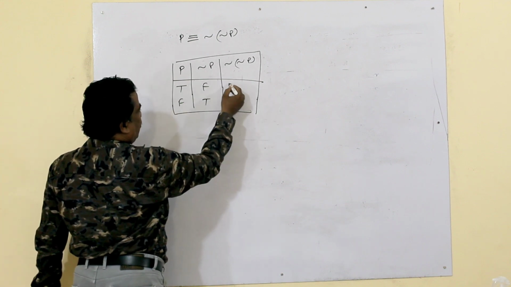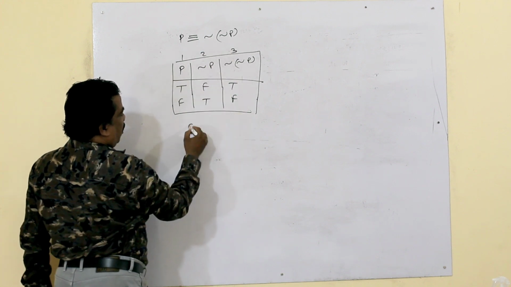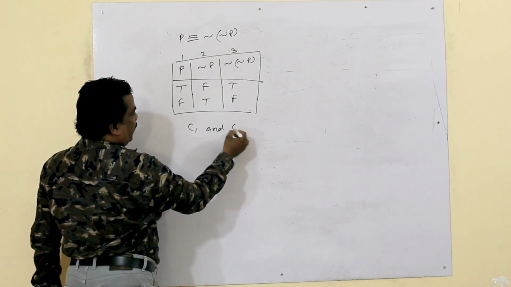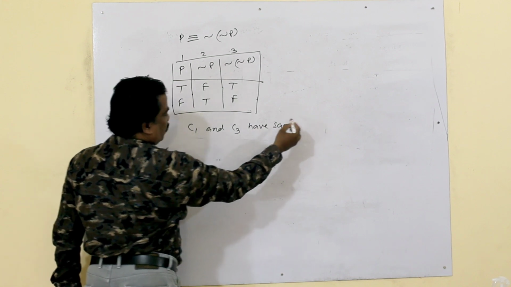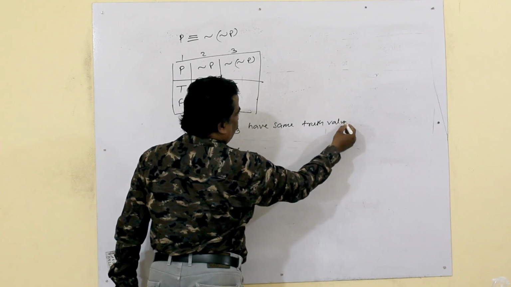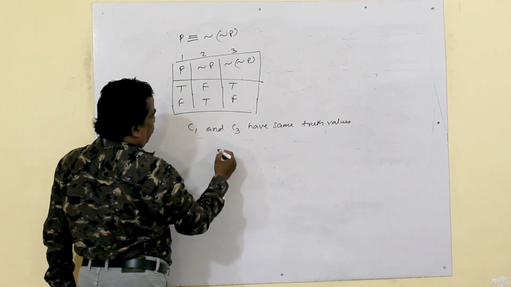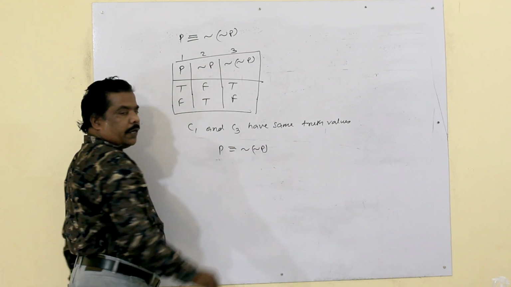And negation of negation P, true, false. And here we observe column 1 and column 3 have the same truth values. So P is equivalent to negation of negation P.